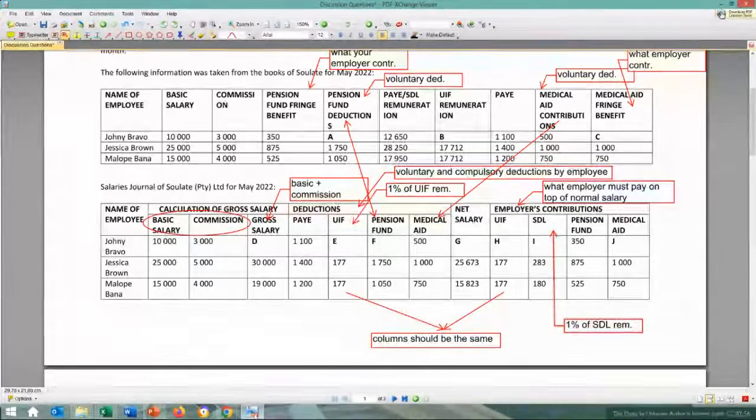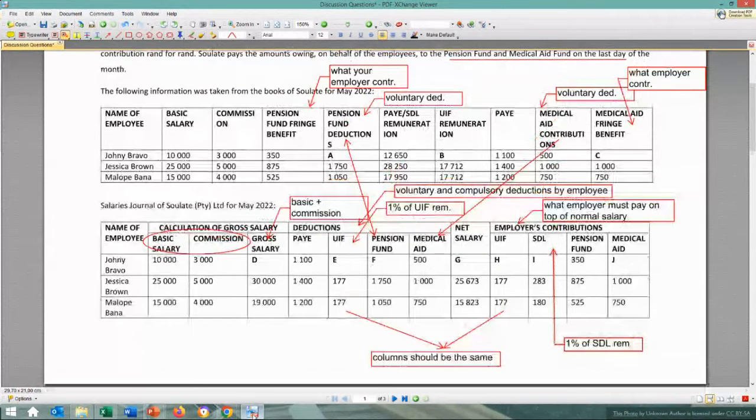Then J is the medical aid. So we said that your employer contributes exactly what you contribute to the medical aid, and your medical aid contribution is your fringe benefit. So I'm just going to write here at the bottom for those two.